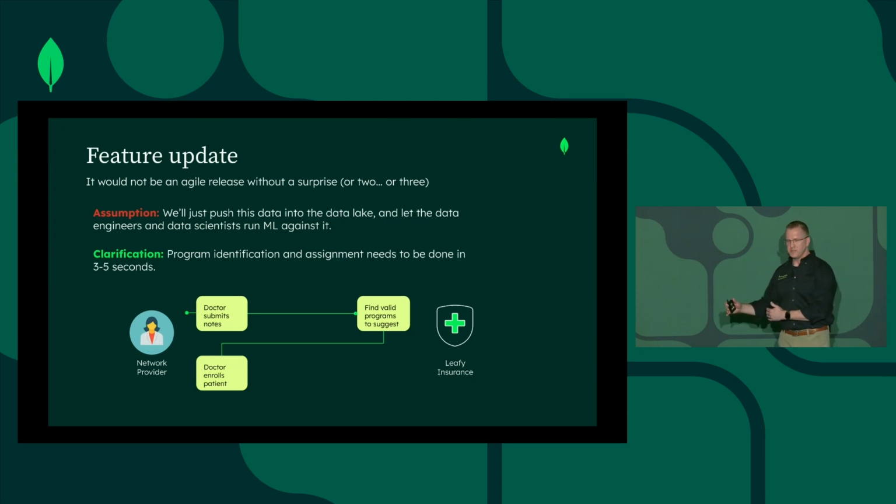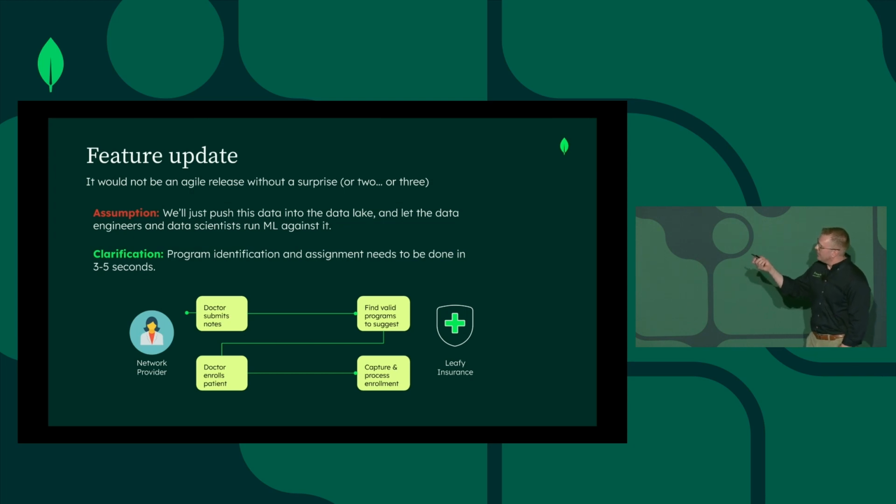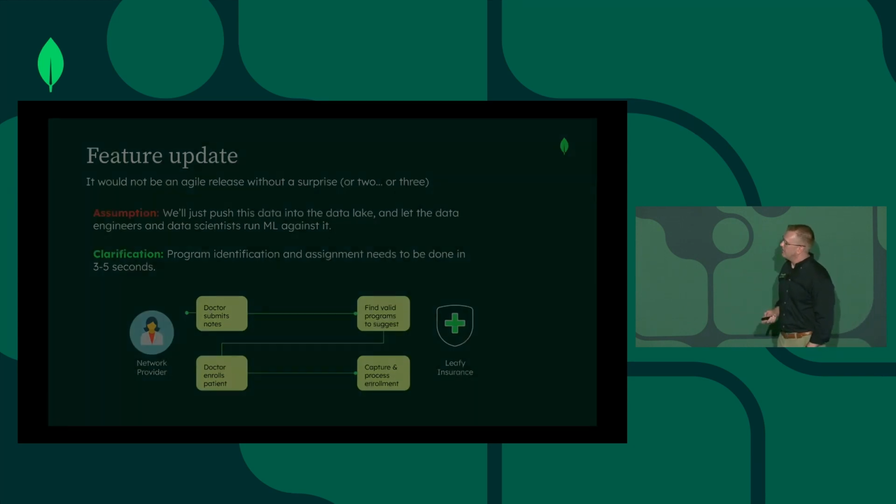All right, now I see there's some health and wellness programs I should consider signing this patient up for. Here's the one I think is probably the most appropriate. And then back to the insurance company. All right, we've got the enrollment. We're going to update the member collection with the actual program code or program ID that I'm going to enroll that member in. Well, this looks good on a PowerPoint, but how do I solve this problem programmatically?